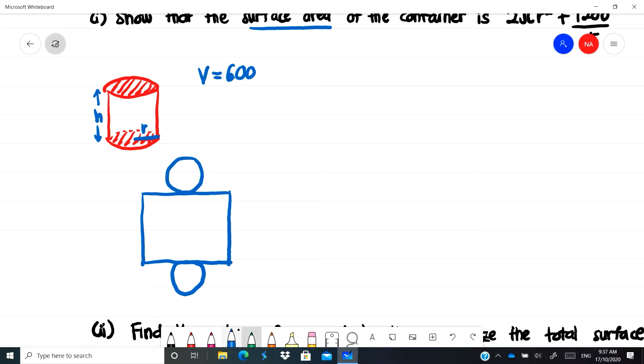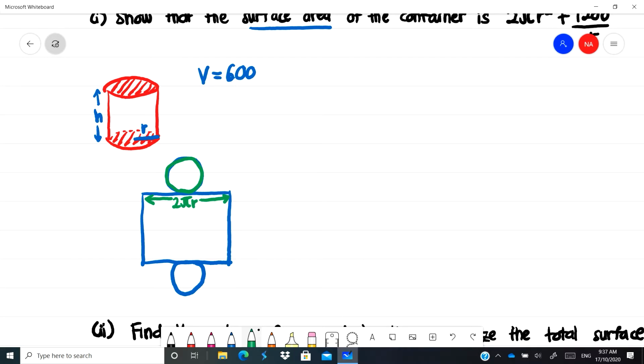Please take note that when we open this, this is the 2 pi r, which is the circumference of the circle, so it is the same as the width of the body of the cylinder. So this is given by 2 pi r. Why? Because it is the same as this.